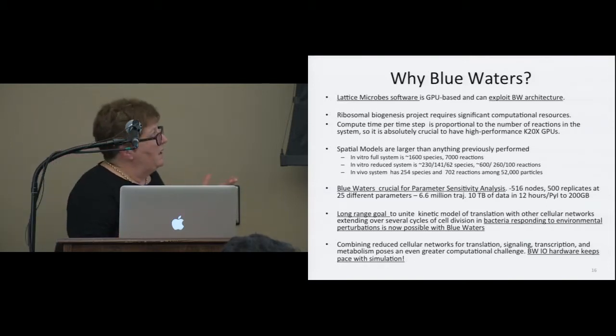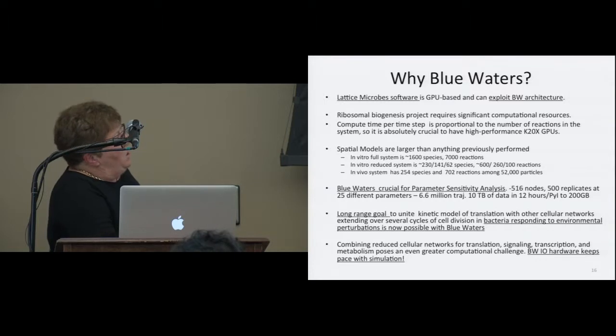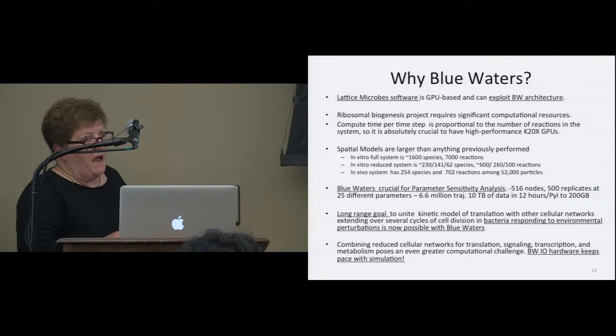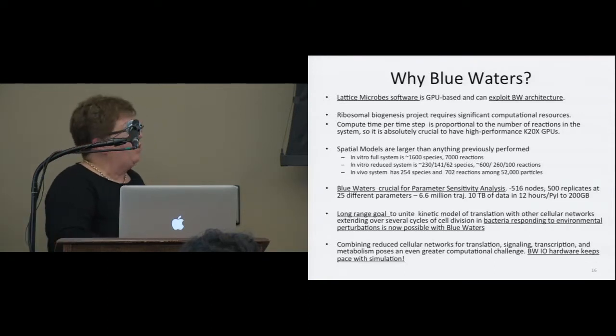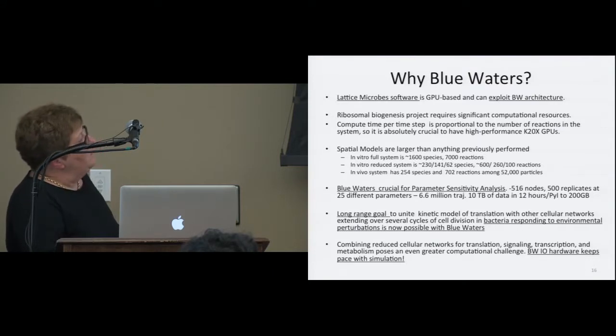I was looking at people who do explosions, maybe they get more reactions, but this is a large number of reactions. So we're trying to do everything we can to reduce the number, because the compute time is proportional to the number of reactions. If we can use a core system of reactions, we can drastically reduce our time.